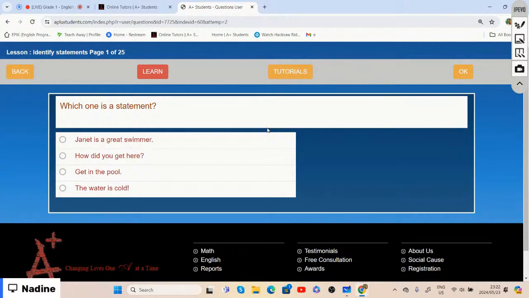Or option two, how did you get here? Or option three, get in the pool, or option four, the water is cold. We need to choose the correct statement.